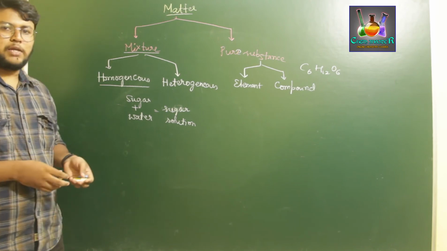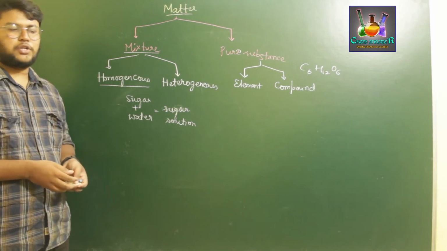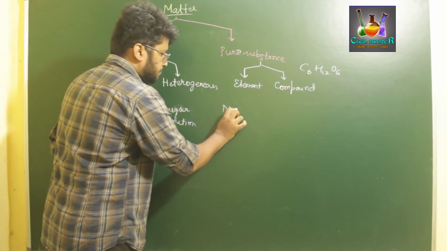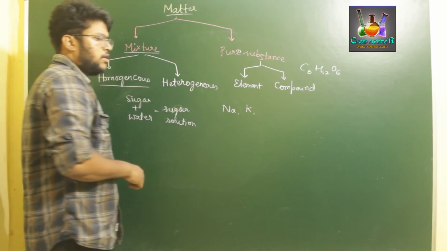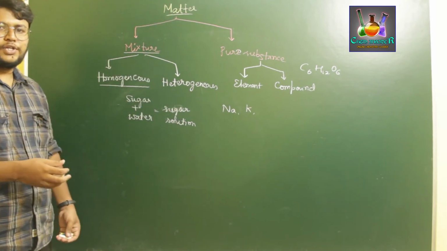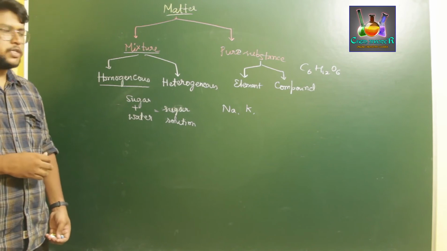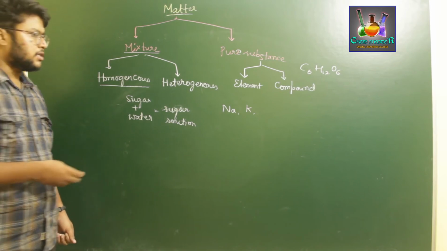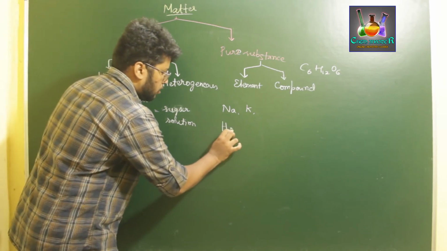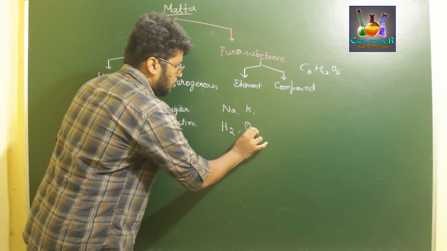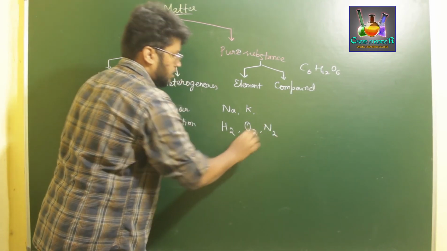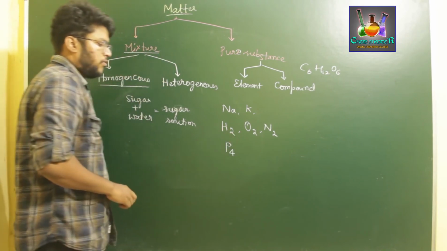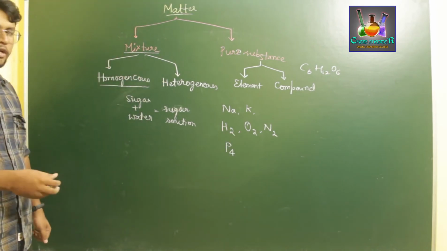Some of the elements occur in nature as single atoms, for example sodium, potassium, etc. Some elements are usually stable in their monoatomic species, whereas some are usually found in diatomic species, like the hydrogen molecule: hydrogen, oxygen, nitrogen, etc. And some other examples, like phosphorus, are found in four-atom size, that is tetraatomic.